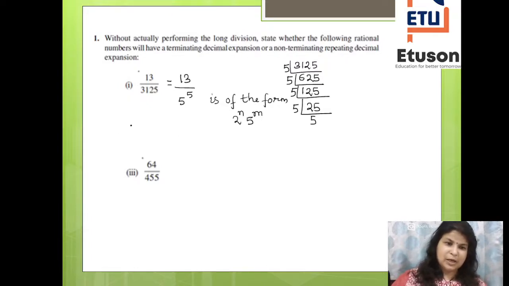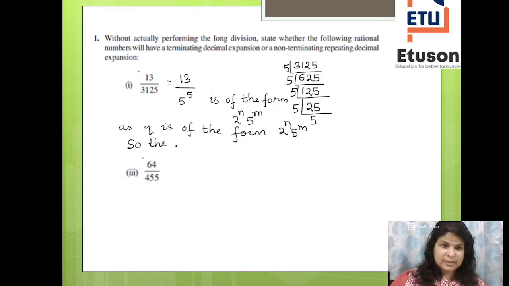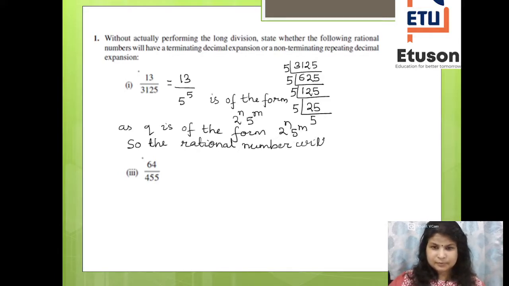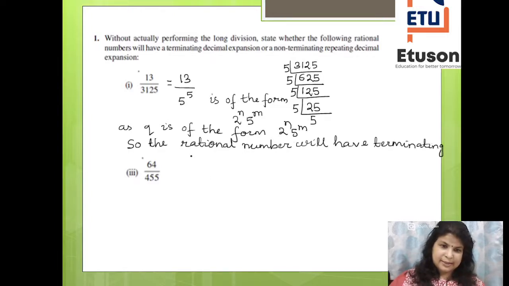So as your denominator q is of the form 2 to the power n into 5 to the power m, the rational number will have terminating decimal expansion. Correct or not? Correct.